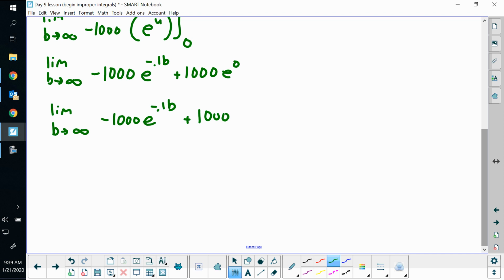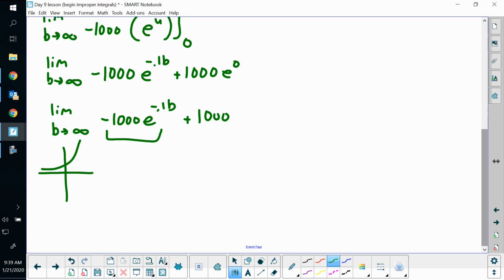And now we will evaluate our limit. So e to the negative 0.1 b. As b becomes enormous, the exponent becomes a big negative. So imagine an exponential function. As you go far to the left, so if you imagine that exponent is becoming a big negative, we are approaching 0.